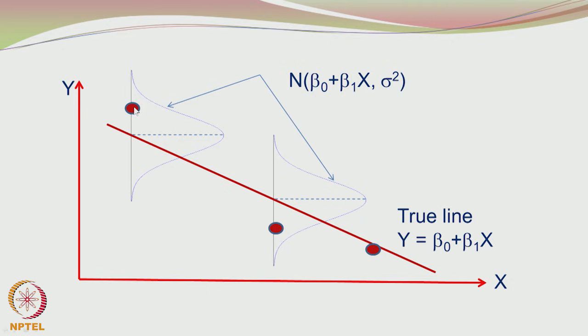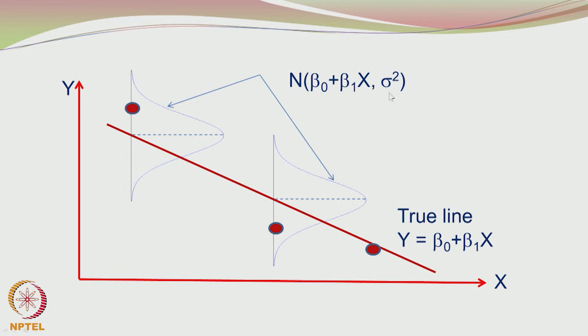We assume that the errors are varying randomly with mean 0 and constant variance. So, when you superimpose the error, the response is also normally distributed with the mean value given by the true line equation and the variance given by sigma squared.